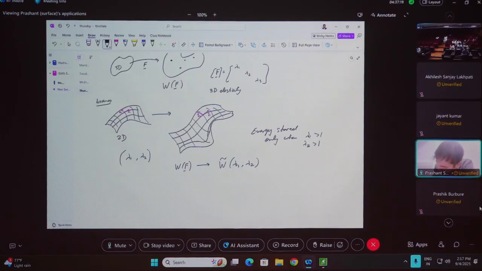So as soon as lambda 1 or lambda 2 is less than 1, you need to redefine the problem. So redefine the energy. And the way you do this redefinition of energy is by what we call energy relaxation.